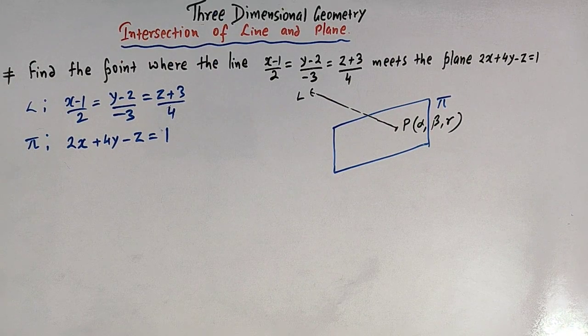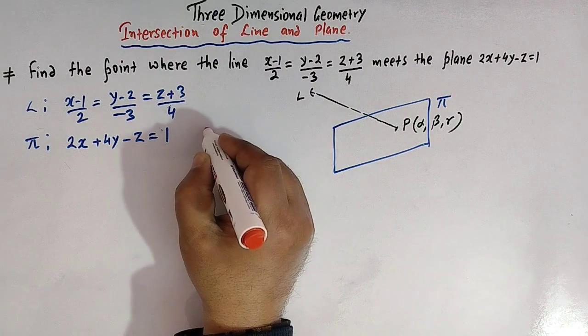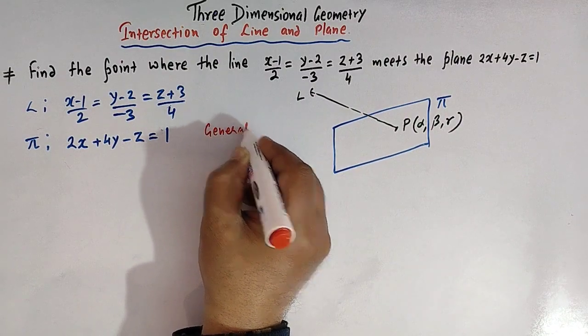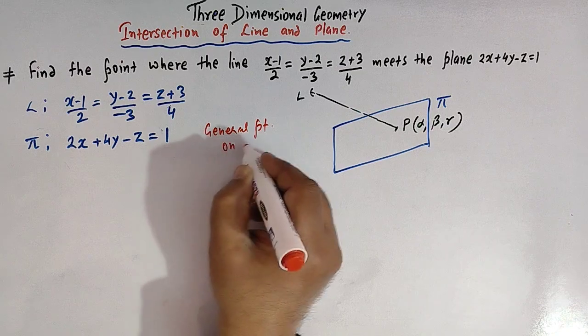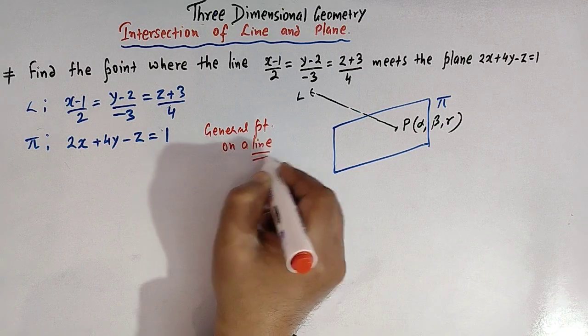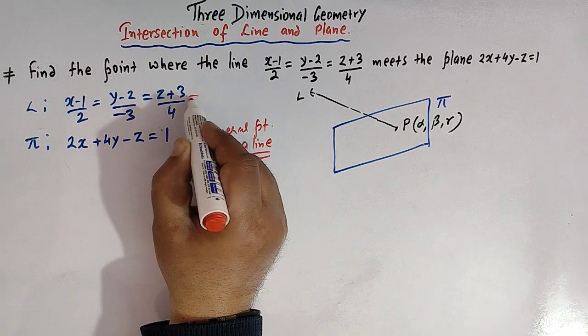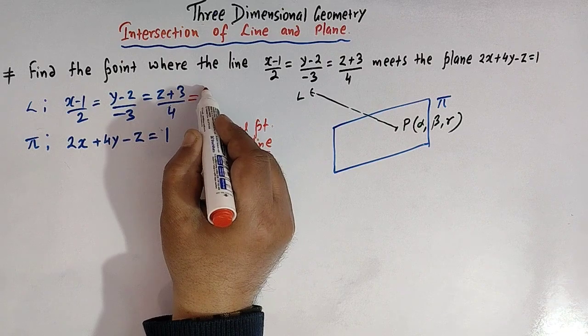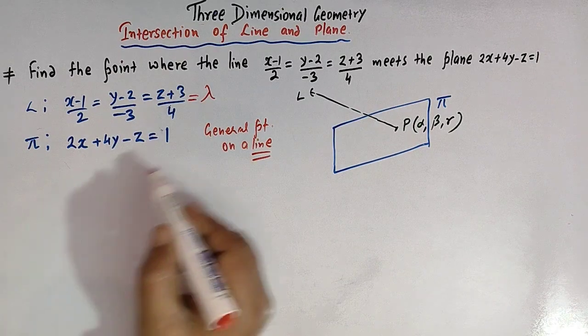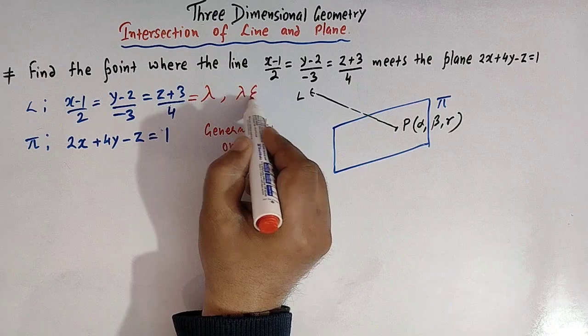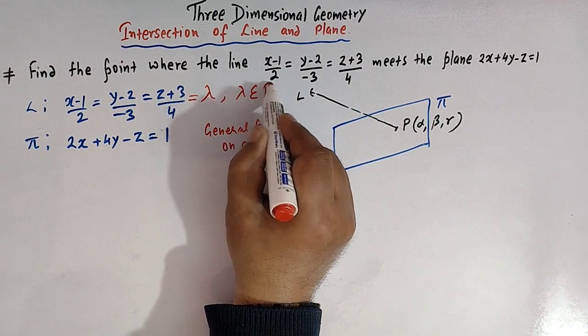Here we'll make use of the equation of the line, and we'll use the concept of a general point on a line. We have the equation of the line L, and let us equate these three terms to some number, say lambda, where lambda is some scalar or real number.